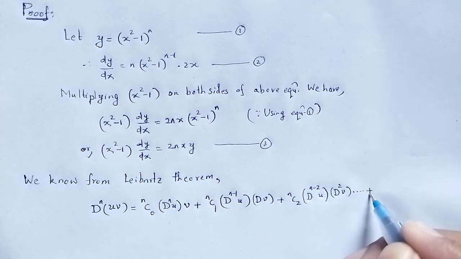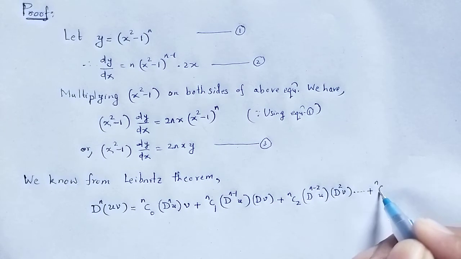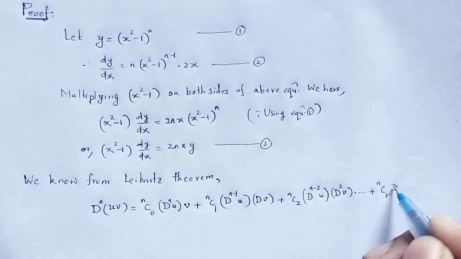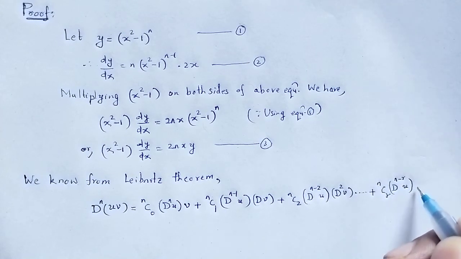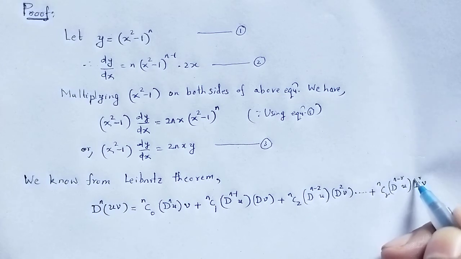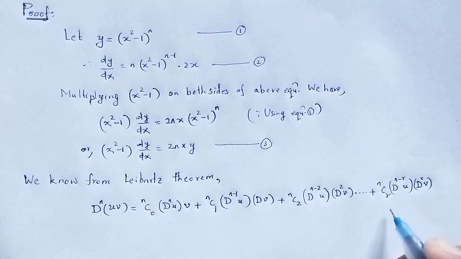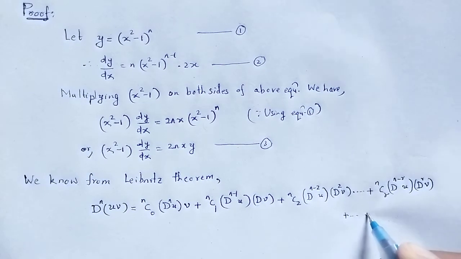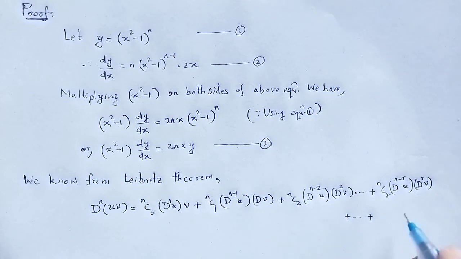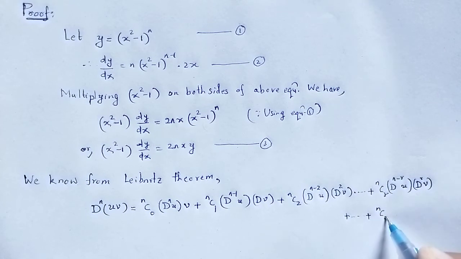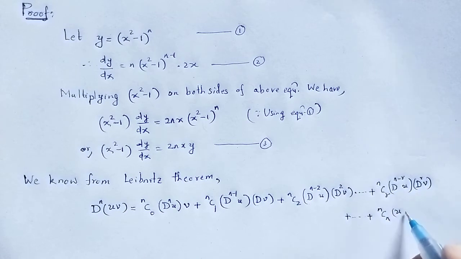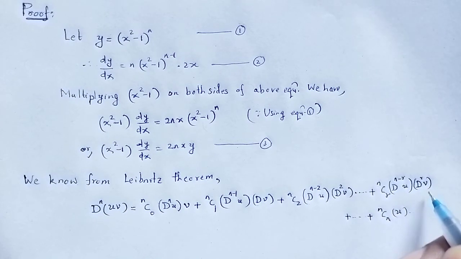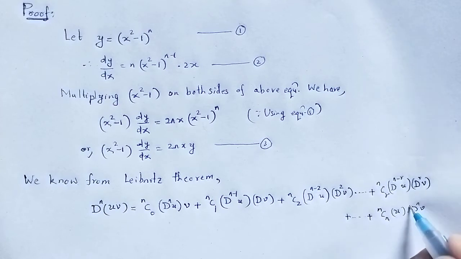Similarly, the rth term is ncr, the n minus r differentiation of u and the rth differentiation of v, plus and so on. The last term, the nth term, will be ncn, that is n minus n, that is 0, the 0th order differentiation of u, that is only u, and the nth order differentiation of v, dnv.